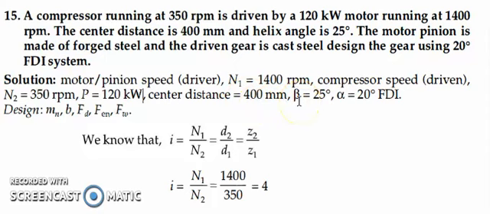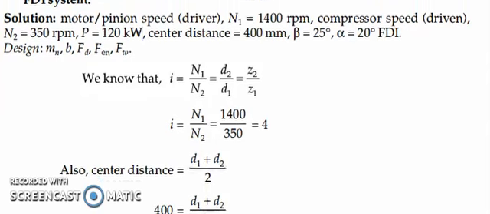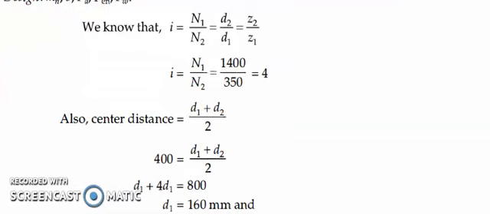Helix angle beta is equal to 25 degrees and the pressure angle is 20 degree full depth involute, and we have to design a helical gear. We know that i is the speed ratio. Using this equation we can identify the value of i, that is equal to 4, and once we get the value of i, we can calculate other values.